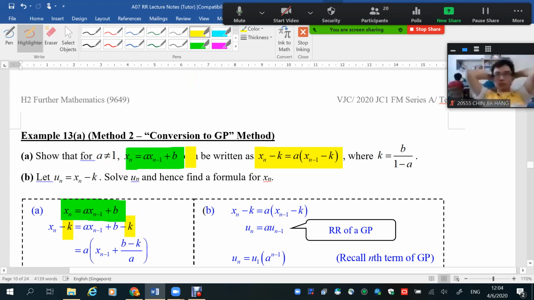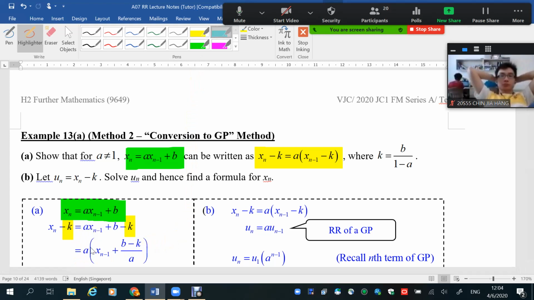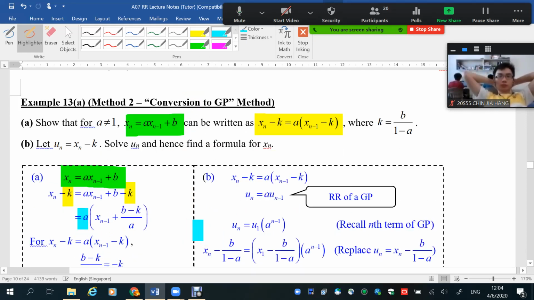Subtract k on both sides, and then now you focus only on the right hand side. Now what has happened to the right hand side is that I factored out the a from the right hand side. Thereafter, I'm going to make use of the result in yellow. So for this xn minus k to be written in this form, I'm going to do a comparison.